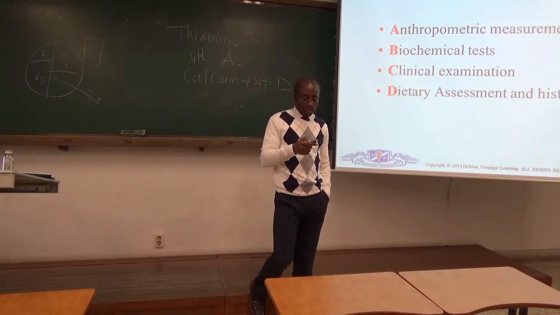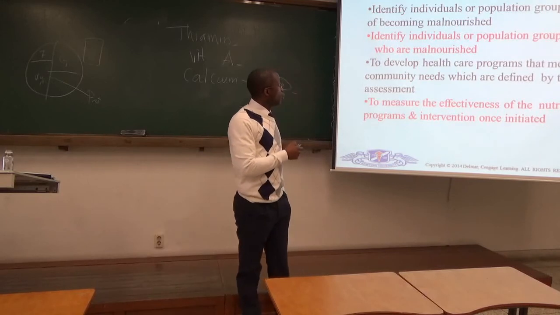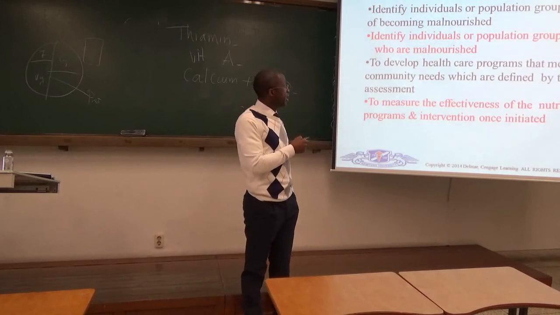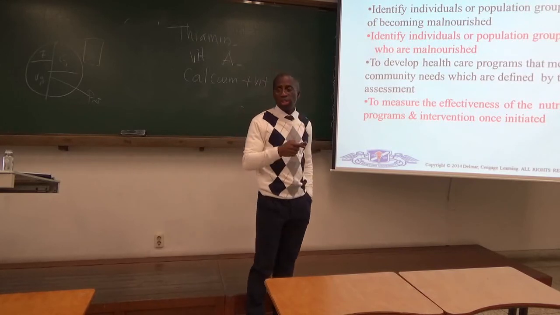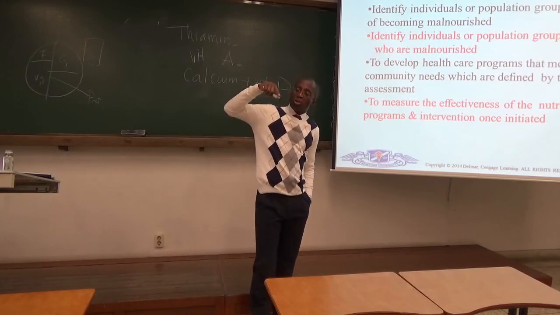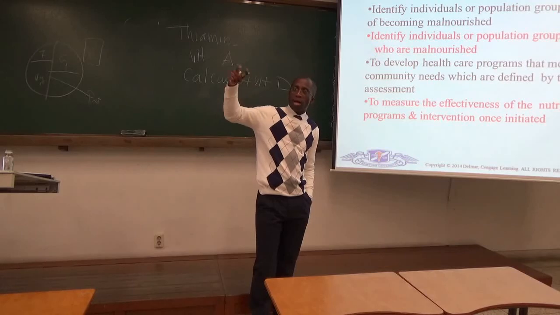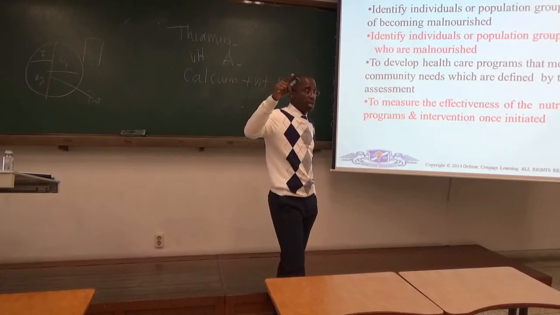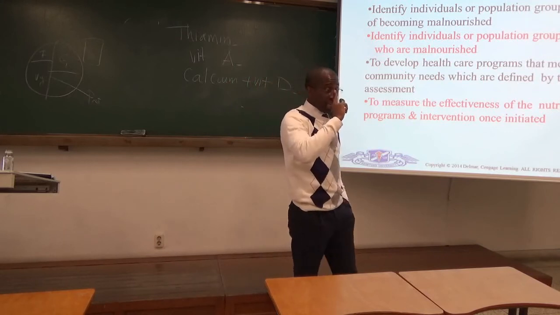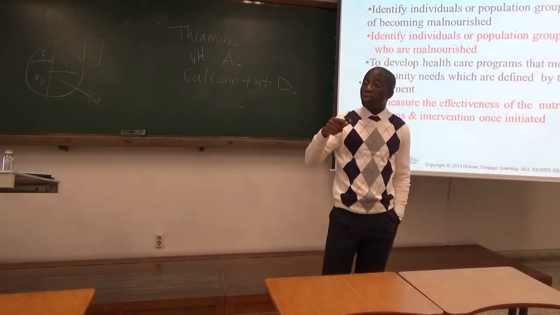But remember that we do the nutrition assessment to identify individuals or population groups who are malnourished. Remember, here we're talking about malnutrition. Being malnourished doesn't only mean that you don't eat enough.